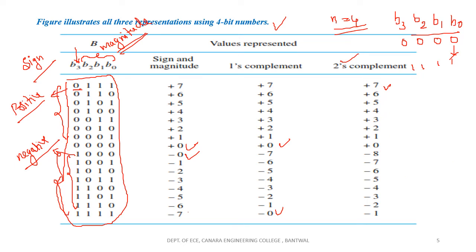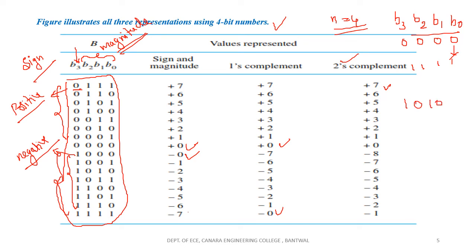Now what is this 2's complement and how to take the 2's complement? It is as simple as taking a 1's complement. The only difference here is you need to add 1 to the least significant bit after doing the 1's complement. For example, let me take 1010 as the number.